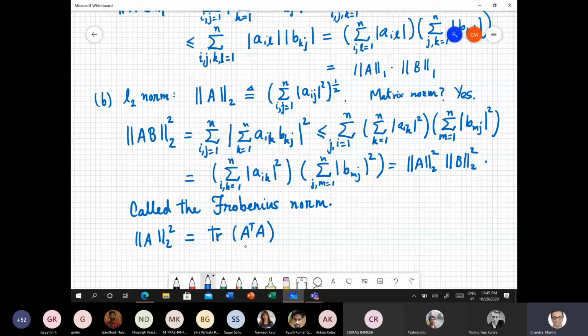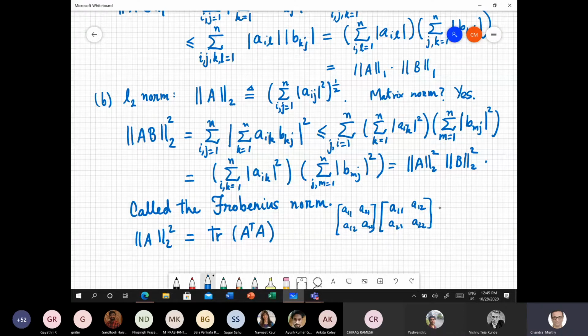If I have A11, A12, A21, A22, and if I take its transpose and left multiply it, that would be A11, A21, A12, A22. And then if I look at the diagonal entries, the first diagonal entry will be A11 squared plus A21 squared.